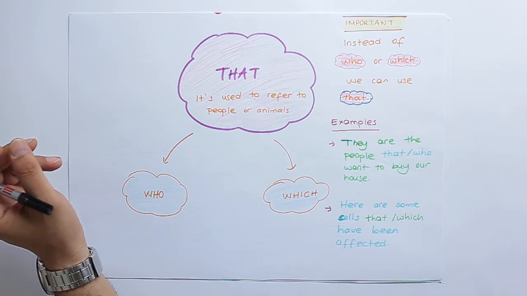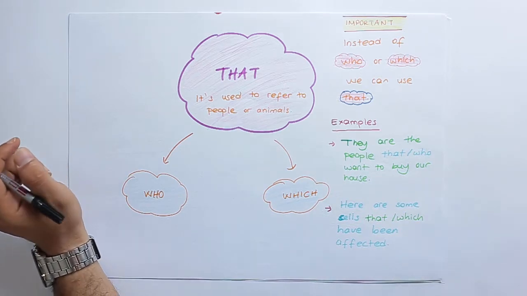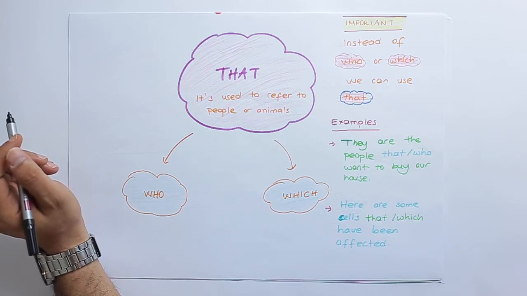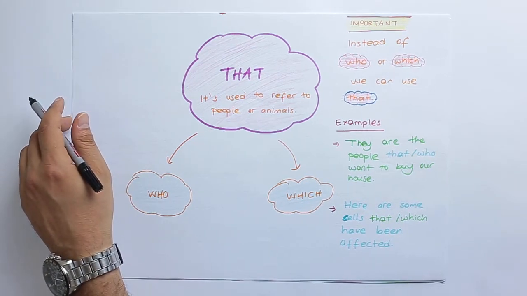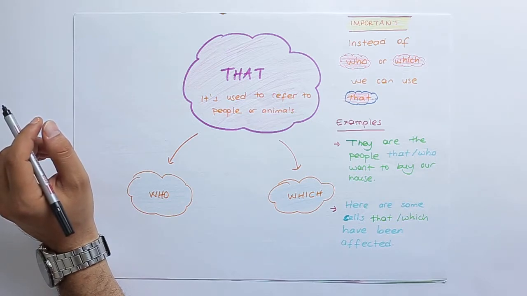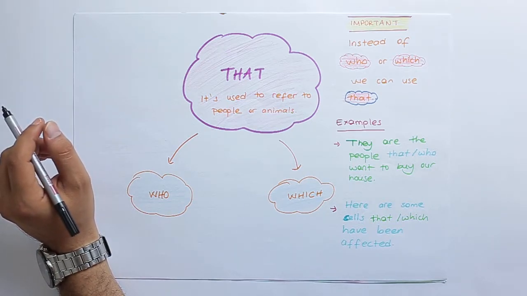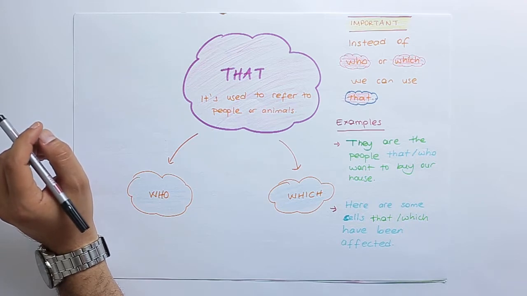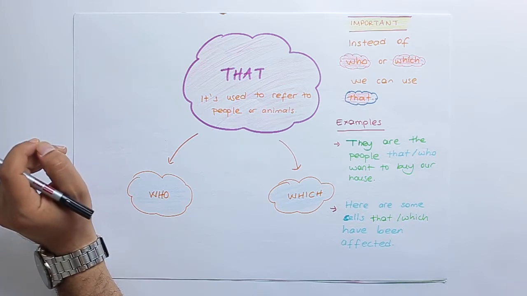The third one is that. That is used to refer to people or animals. Okay, good. But also that is used for who, and that can also be used for which at the same time. Important: instead of who or which, we can use that. Okay? Example: they are the people who want to buy our house. They are the people that want to buy our house.